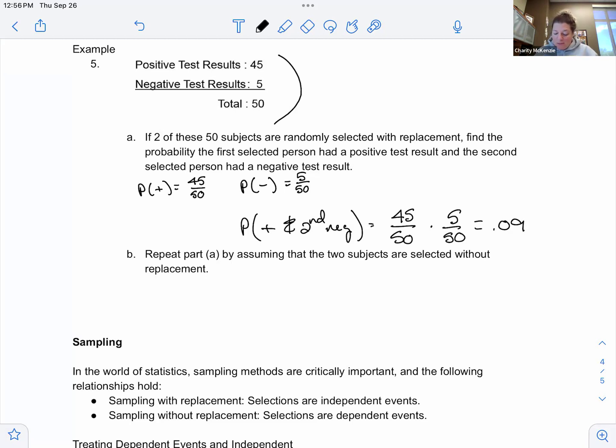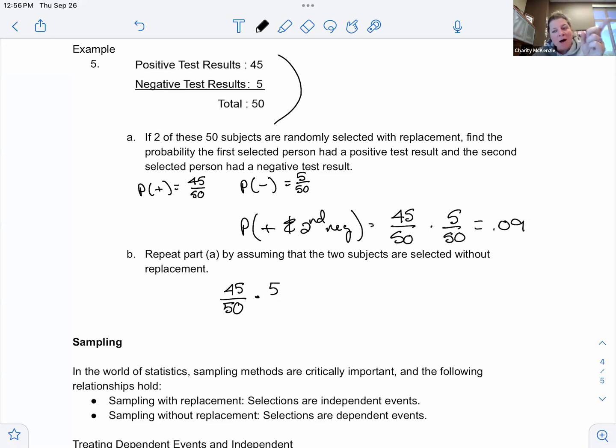Okay, so repeat part A, but let's assume this time that it's without replacement. So now we're going to keep that person out. So the first one is still 45 out of 50. But I'm going to leave that person's paperwork, whatever, their name, out of the hat. And I got to times it by negative. Well, how many people are there still in there if we took one of the 45 that are positive? There's still all 5 people.